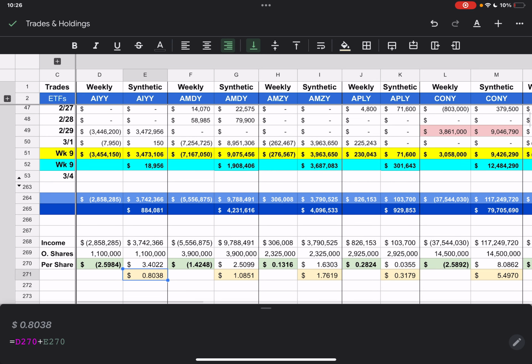So if you were saying, oh, we're just using the weekly short call, well, that's a negative number. And with the synthetic, we have almost 2 times that, but those two together is $1.09.